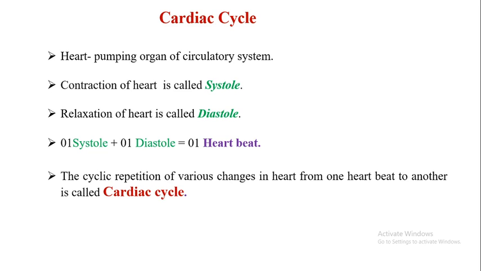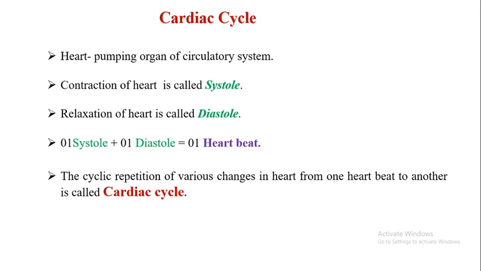The cyclic repetition of various changes from one heartbeat to another heartbeat is called cardiac cycle. Now, which type of changes occur during cardiac cycle? As we know, the heart contracts one time and relaxes one time during one heartbeat.